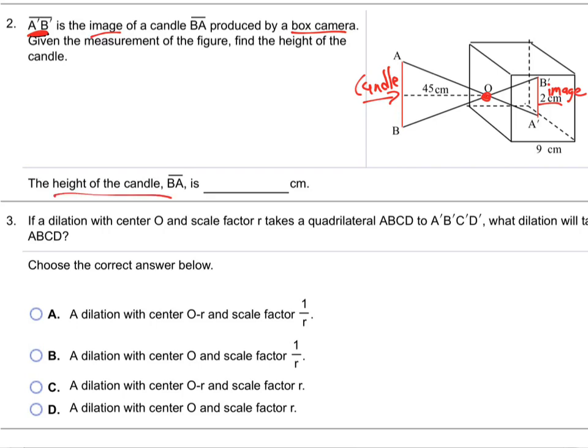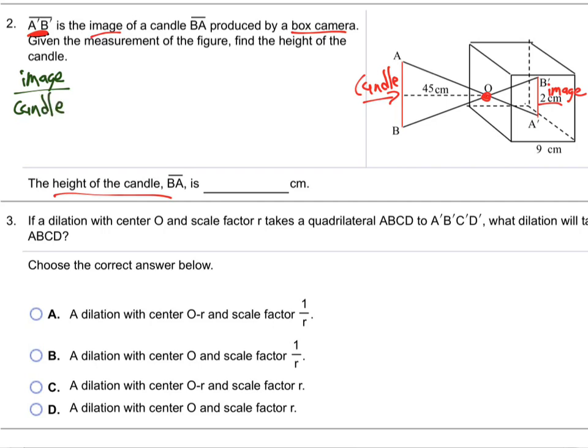The height of the candle, BA, is, so how can we find the height of the candle? Well, here's what we do. We're going to need to say image over the actual candle, the original.